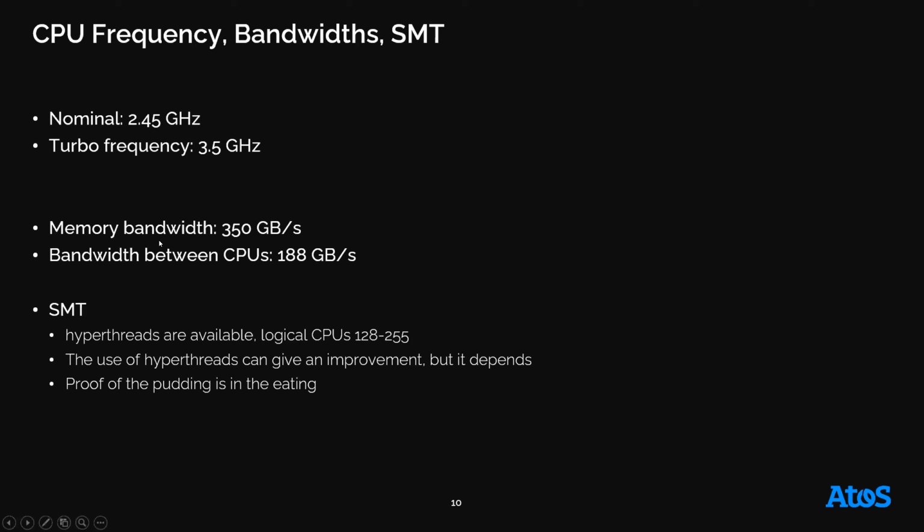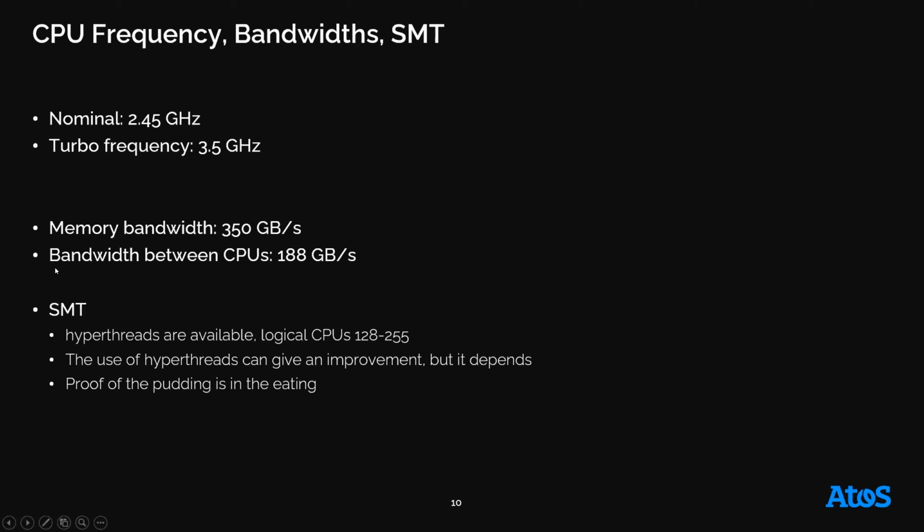The bandwidth between the CPUs, so if you need to get memory from a NUMA node that's not on your own CPU, is 188 gigabytes per second. And I think this is bidirectional. So this means if you read from one CPU to the other, at the same time you can do the same thing the other way around.